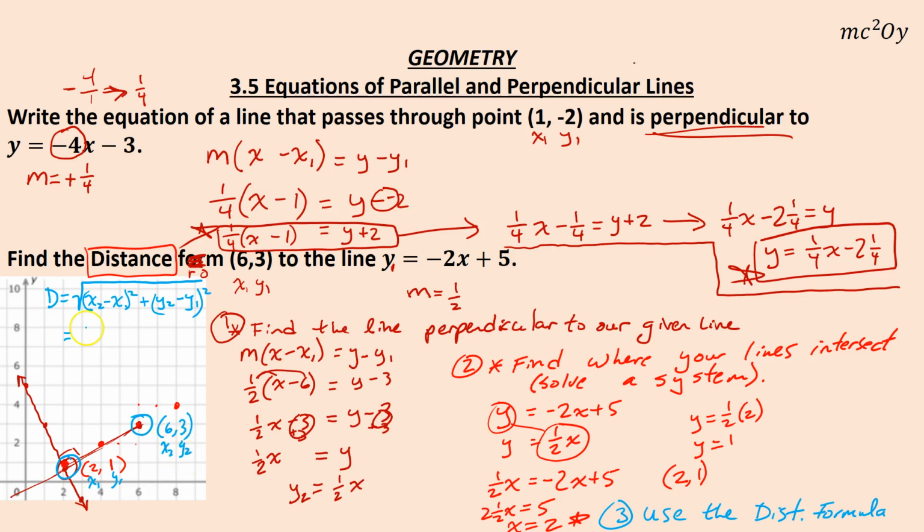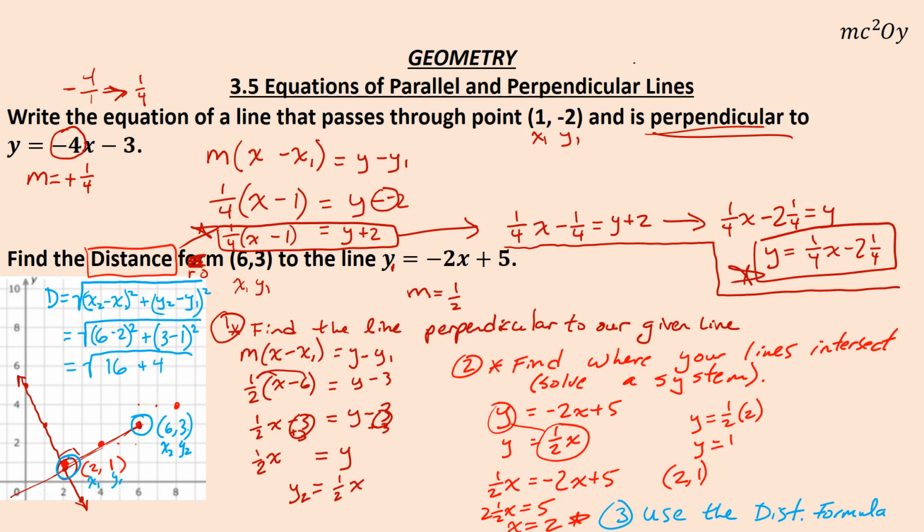Okay, so that would mean I'd have the square root of (6 minus 2) squared plus (3 minus 1) squared, which would give me the square root of 6 minus 2 is 4, squared is 16, plus 3 minus 1 is 2, squared is 4.